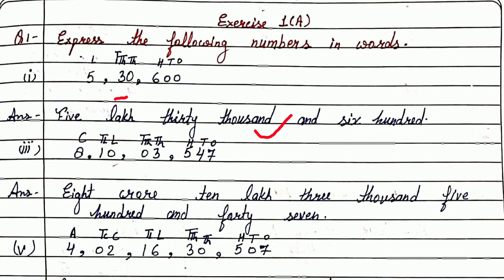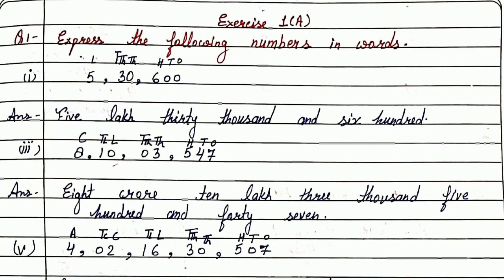The 1000 place is empty, so we will just write 30. And in the 100 place 6 is there, so we'll write 600, and the tens place is empty, so we will not write anything. So the number name will be 5,30,600. In the same method we will solve the third part and the fifth part also.